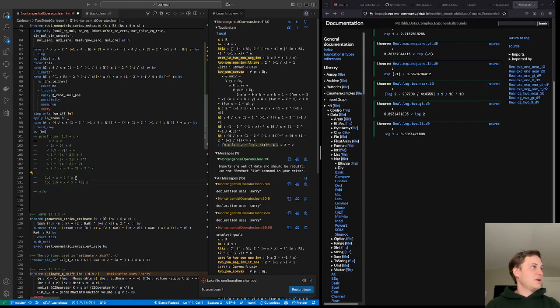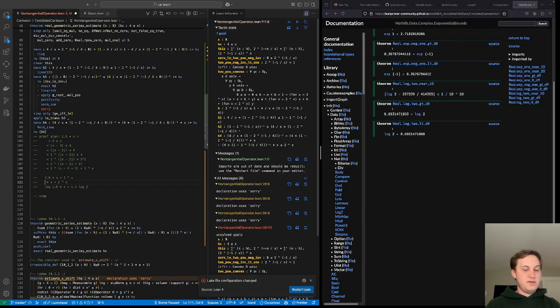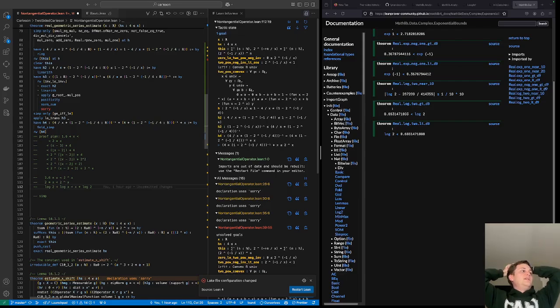Just for fun, let's try and make this a 2 here, so that this becomes log 2 plus log x. And now we desire log 2 plus log x.